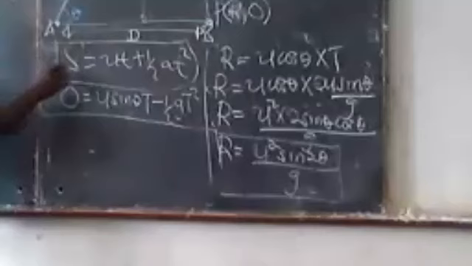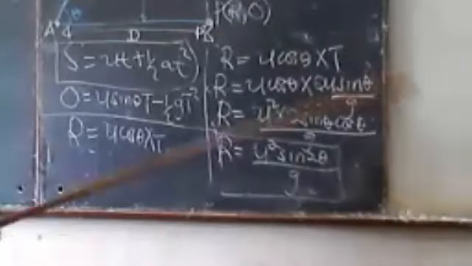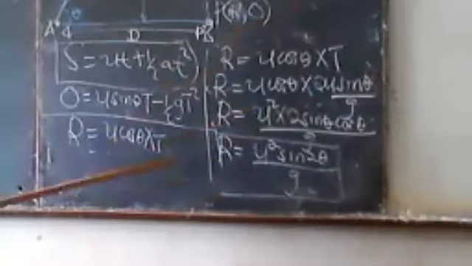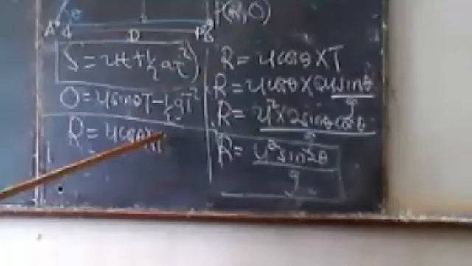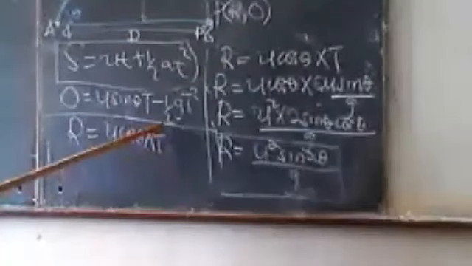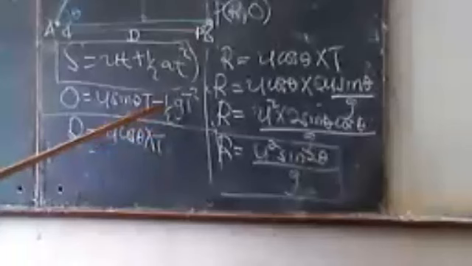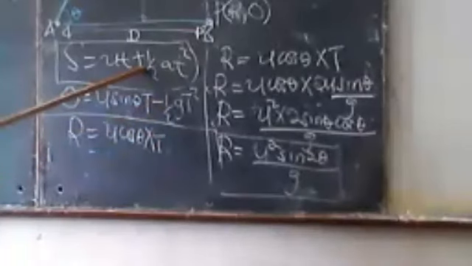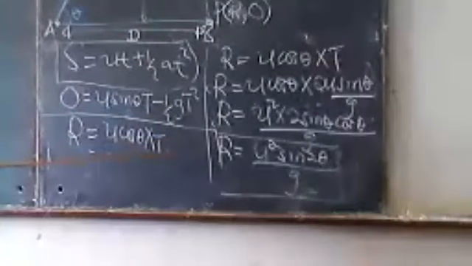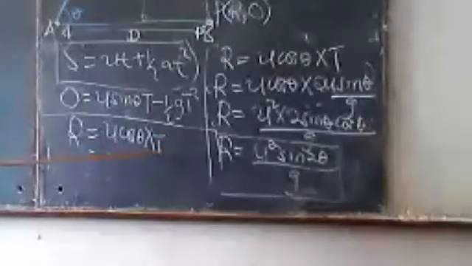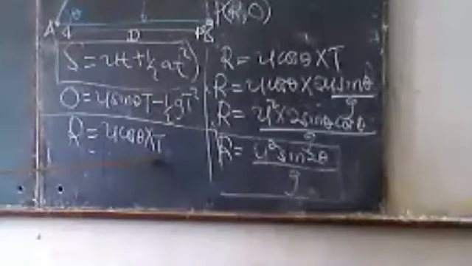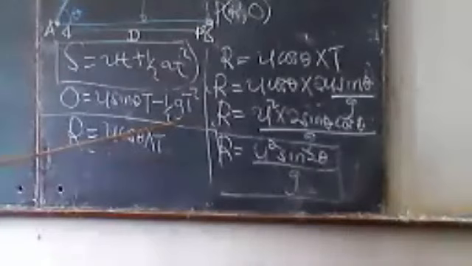The second part gave me the horizontal range. Is that okay? When I got the time of flight, it was simply to substitute it in the same equation horizontally.